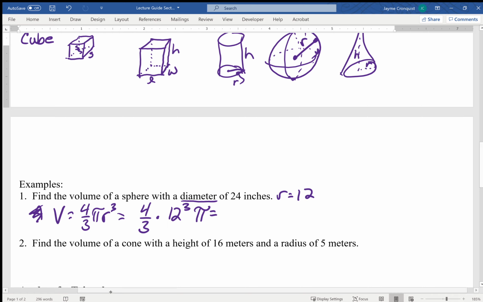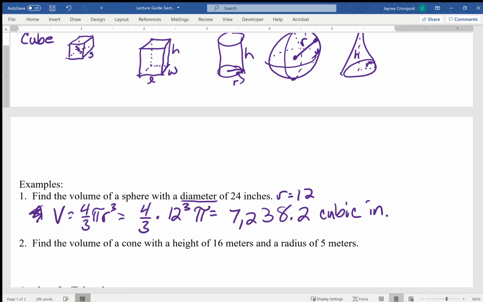Okay, so we have 4 times 12 cubed pi divide 3. We get 7,238.2 cubic this time inches. You can just do CU for cubic.